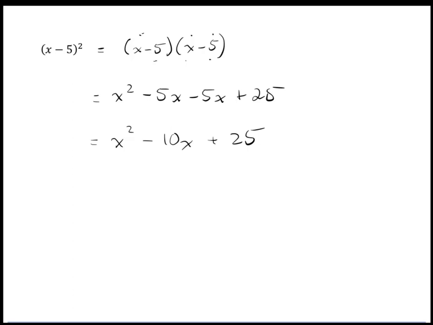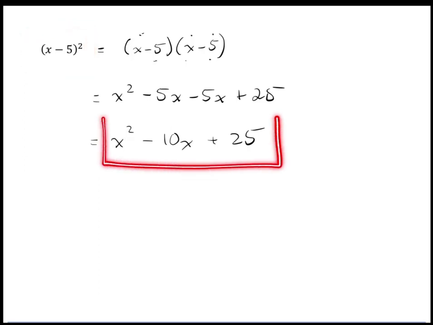So when squaring x minus 5, we get this trinomial, which is equivalent to x minus 5 squared. They are both perfect squares because they are both just representations of the same thing. In this format, we can see what's being squared.